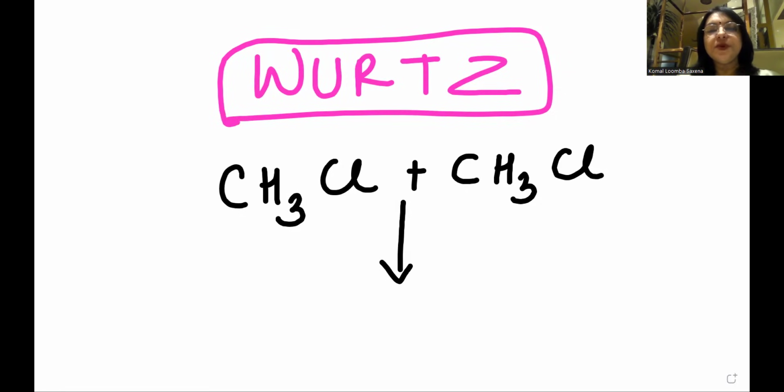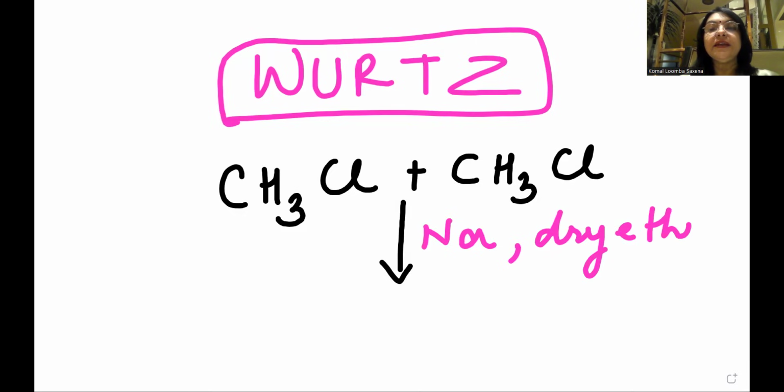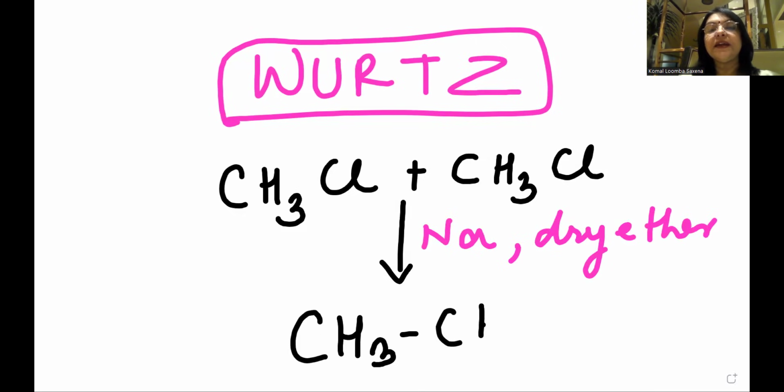I am writing it on the arrow, and it has to be put in the presence of dry ether, and the result would be that we get an alkane where the 2 alkyl groups get attached. I hope you all understood.